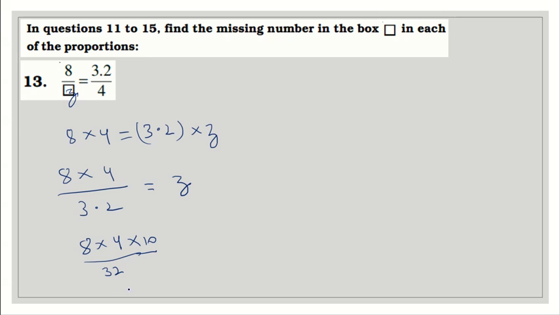So this 32/10 becomes 10/32 by taking the denominator to the numerator. So 8 ones are 8, 4s are 4 ones are and 4 ones are. Thus the value of z is equal to 10. We can fill 10 here.